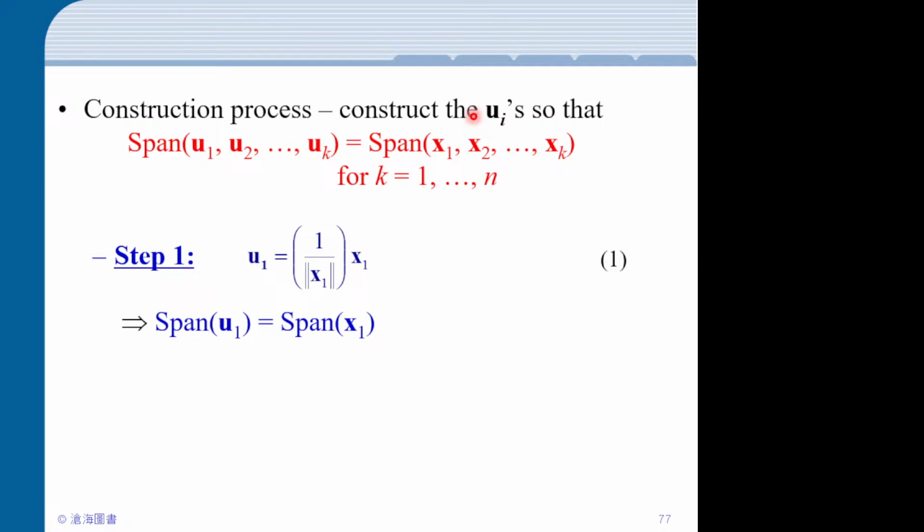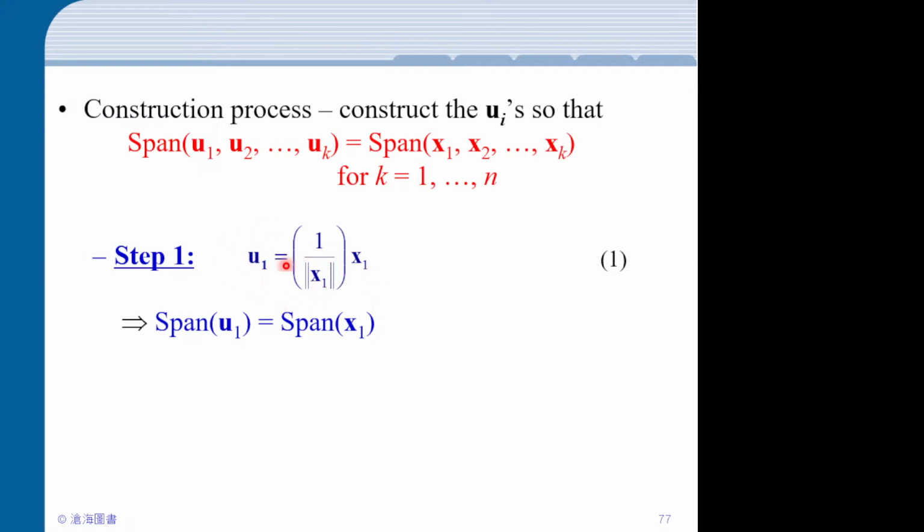Okay. So let's construct this step by step. First step, we want u1 to be an orthonormal set, and u1 to span the same space as x1. What we do is we just normalize x1. So we define u1 as x1 normalized.